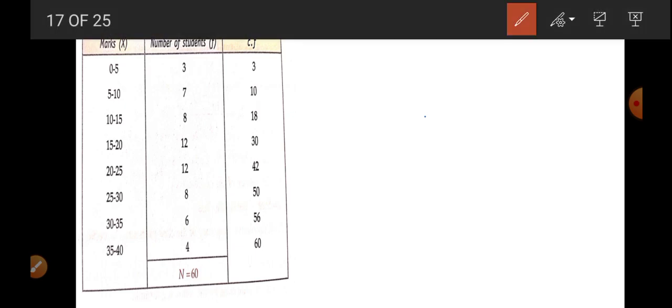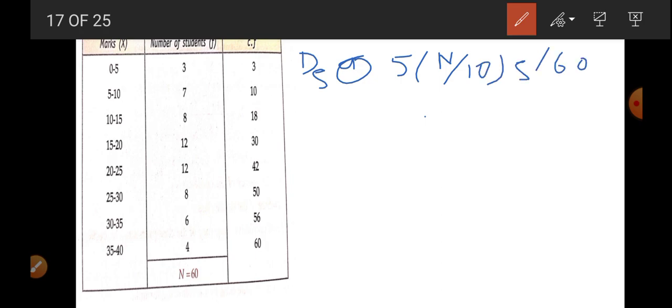Next we are going to calculate D5. First we write the equation for D5, that will be 5n upon 10. So 5 times 60 upon 10 will be 5 multiplied by 6, so 30. 30 is going to fall here.